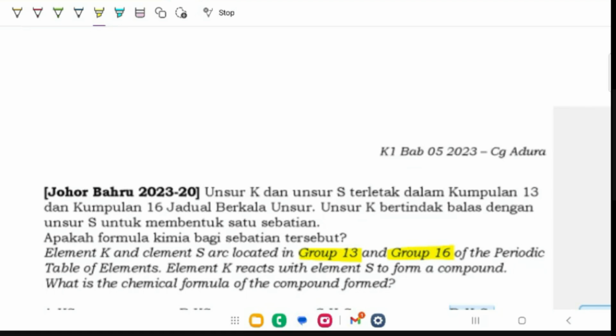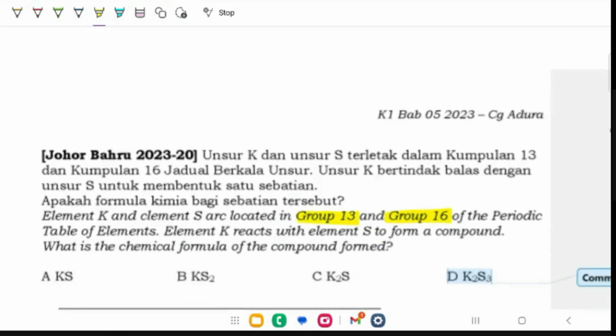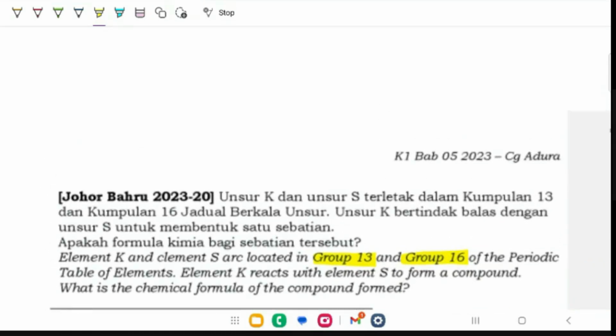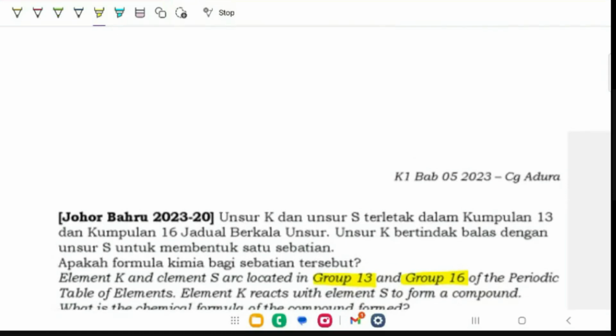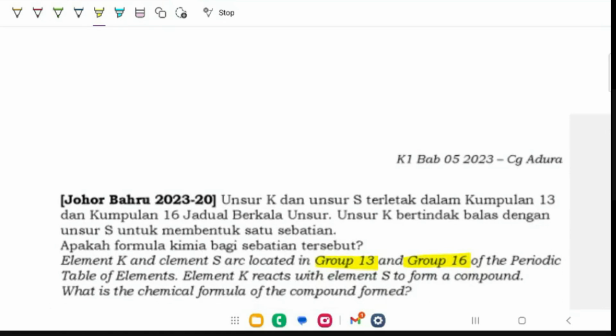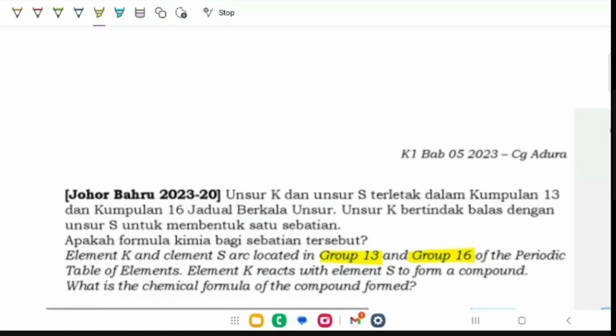What is the formula for group 13 and group 16? Your answer is not necessarily correct, so you have to do it on your own. Anyone? Have you tried already?